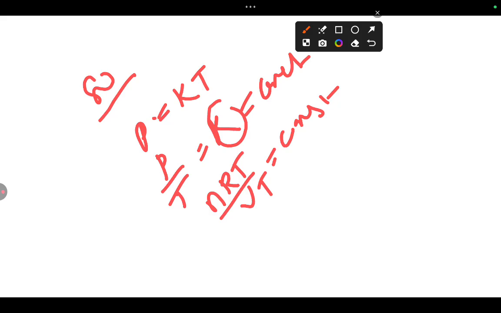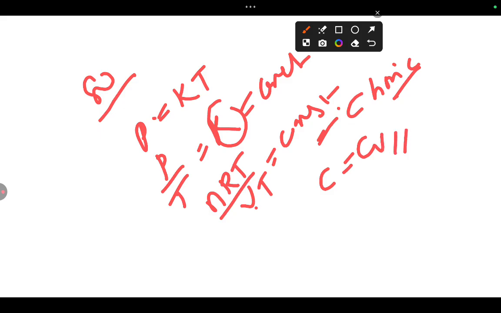As per the ideal gas equation, PV equals nRT, so P equals nRT by V, and P by T is nothing but constant where V is constant. That is nothing but isochoric. Isochoric means at a constant value, that is nothing but CV. We go with the same way.